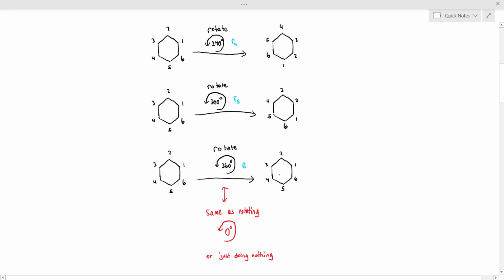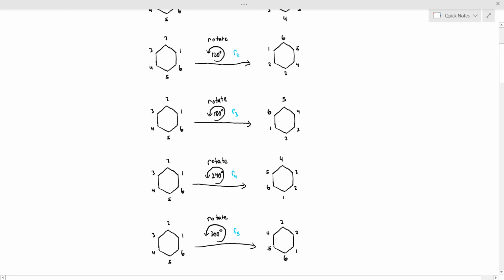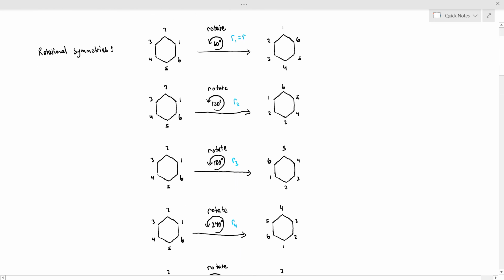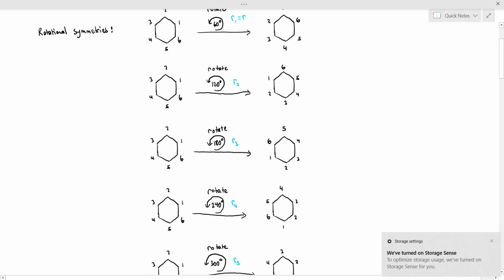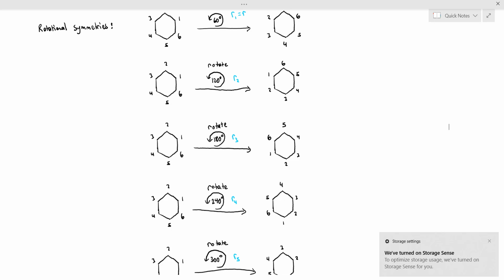All right. Now I've labeled these rotations. The first rotation by 60 degrees counterclockwise, I'm calling R1, and I'm also calling it R. This rotation, rotating by 120 degrees counterclockwise, I've called R2.